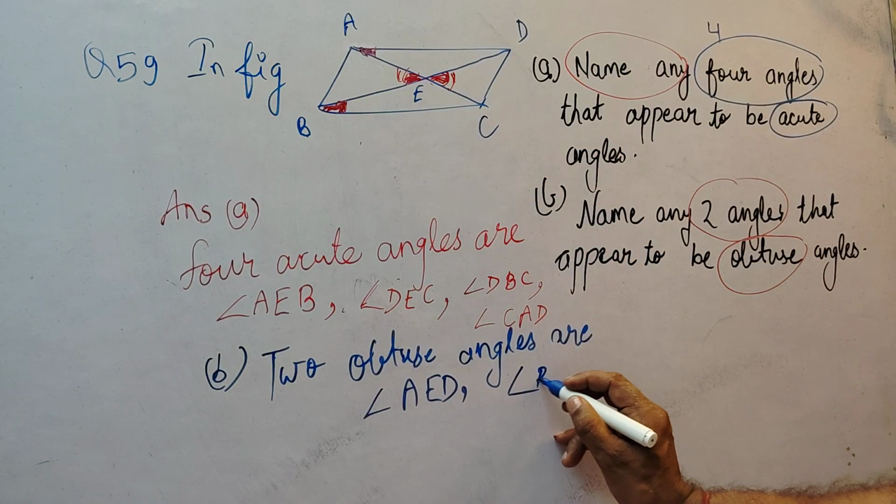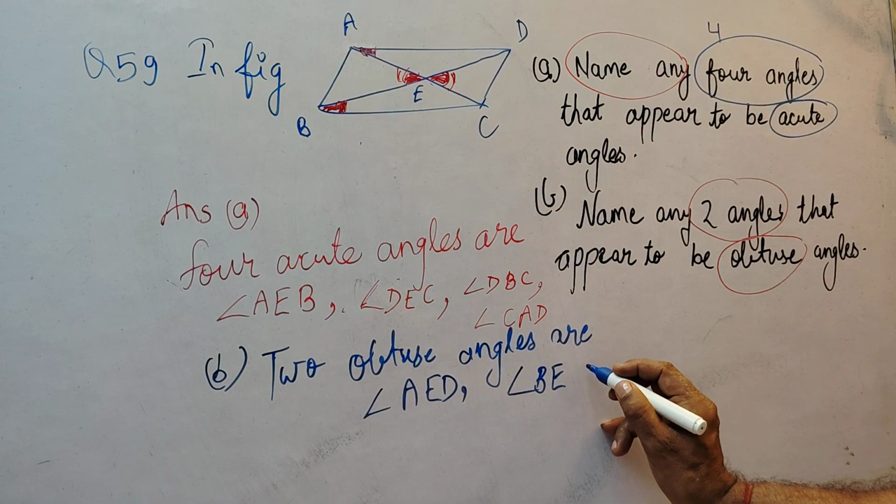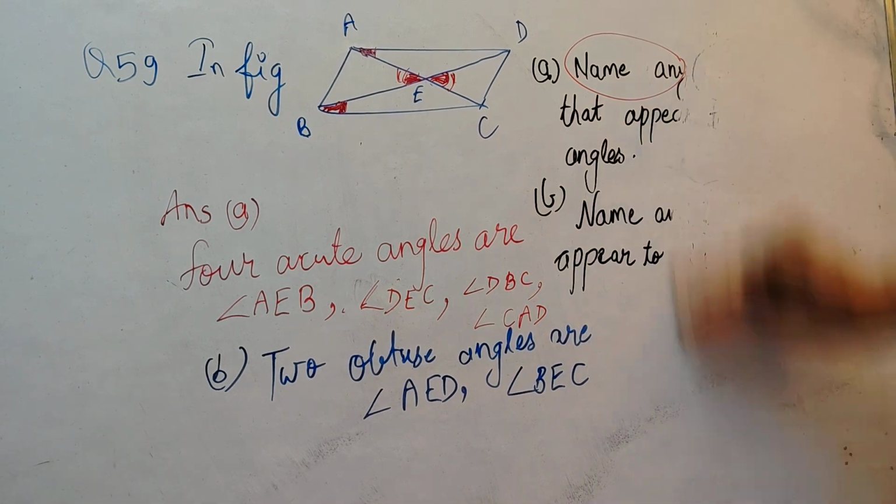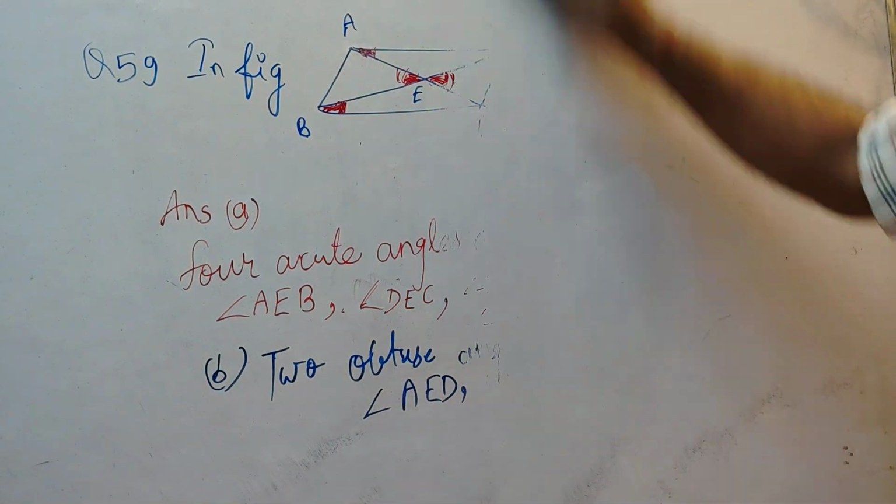These two we can consider as obtuse angles. Is it clear? So you left this as homework, and there is only a diagram. There are many angles, and out of these many angles we have to find the acute and obtuse angles.